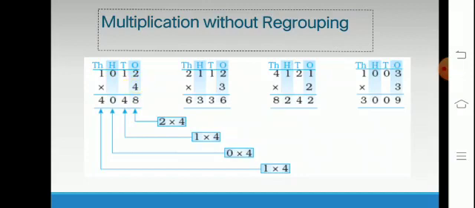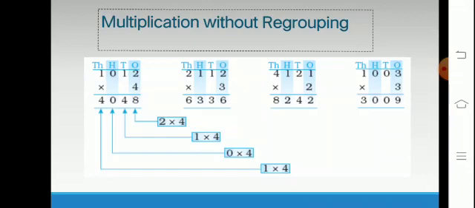Now write the multiplicand over here at the upper place. It's 1012. Multiply with 4. Write at ones place: multiply 4 with 2, it's 8.